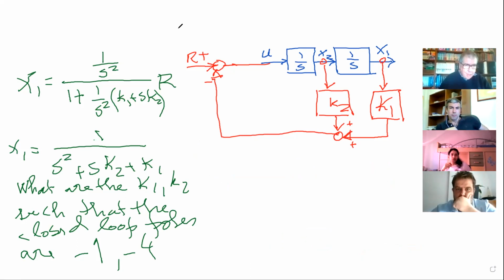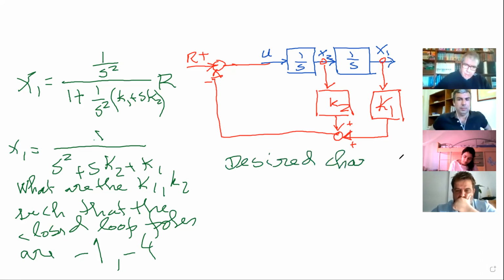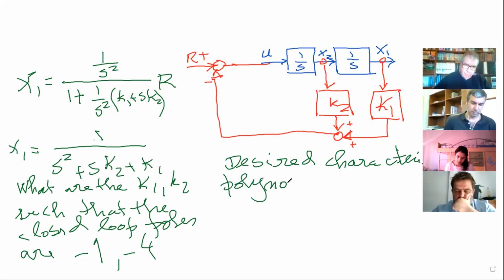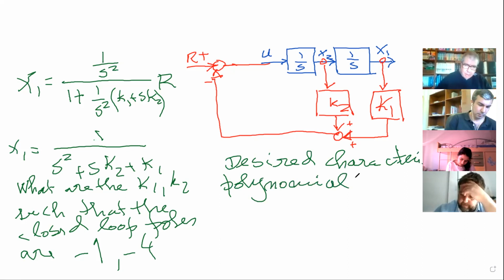We can write the expression of the poles. You mean a polynomial that has these roots, -1 and -4. So what could be the desired characteristic polynomial? Okay? So it's a polynomial that has as roots -1 and -4.